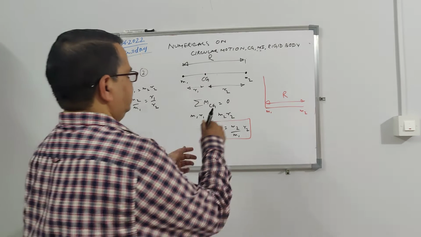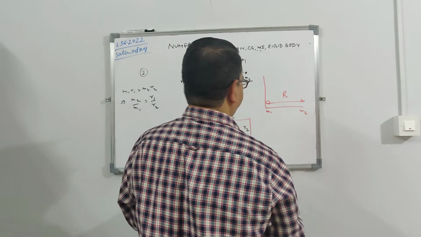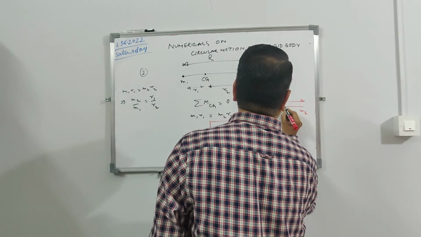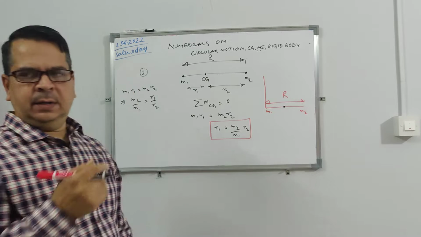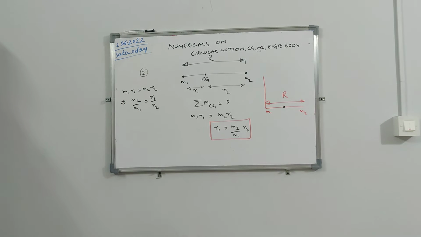So let us say this passes through the origin. Then the center of mass will be lying somewhere here.